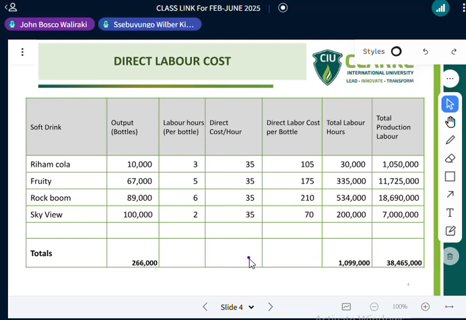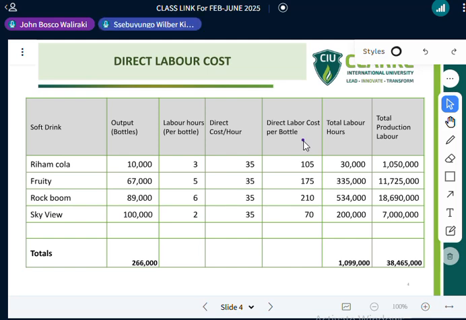Now we see that for Riham there are 3 hours, and the direct labor cost is 35 shillings per hour. So if we are to ask ourselves what is the direct labor cost per bottle?